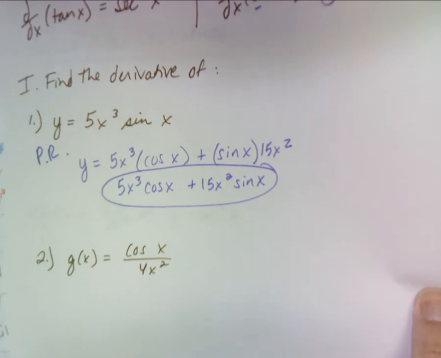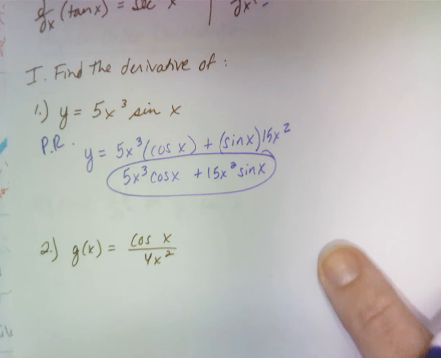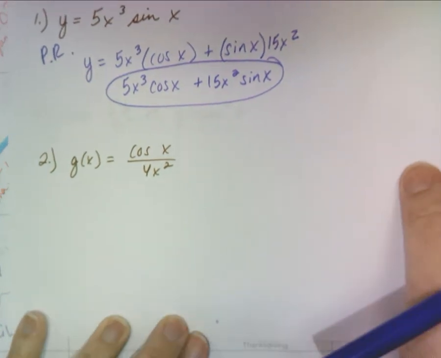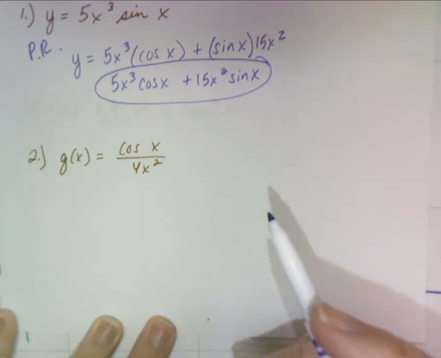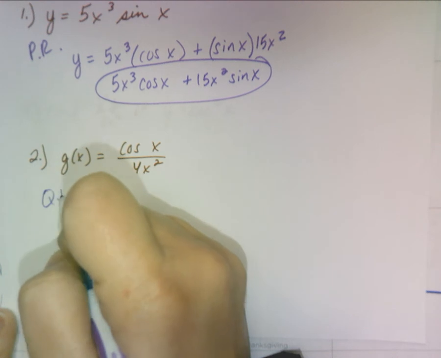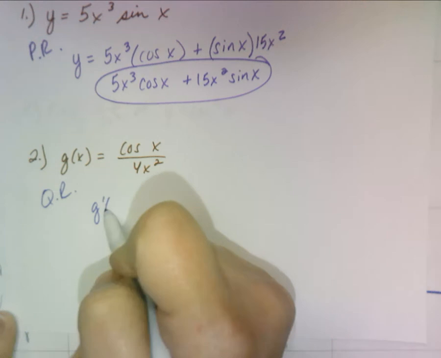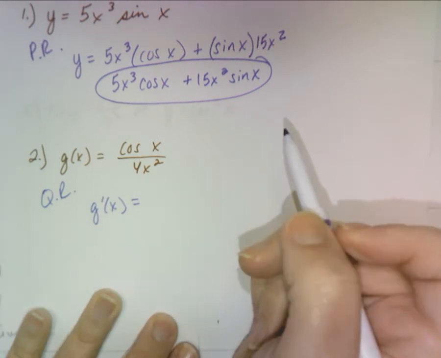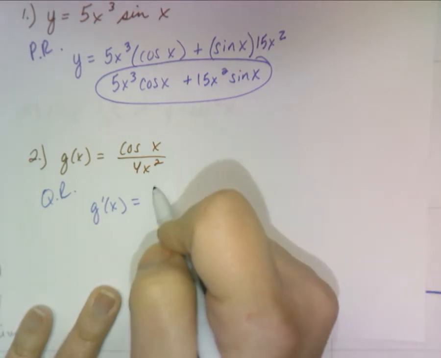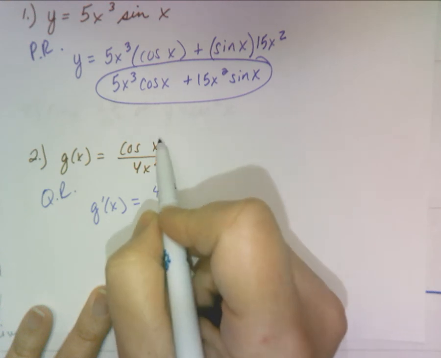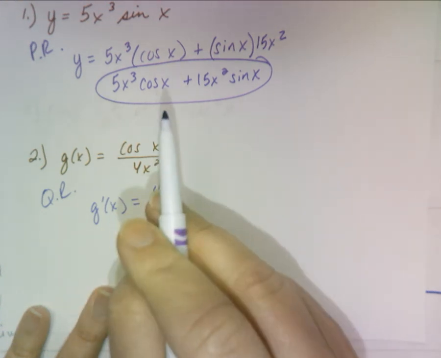All right, now I've got number 2, which looks like cosine x over 4x squared, a quotient rule. So let's see. I would do denominator times the derivative of cosine. Again, look up at your chart there.